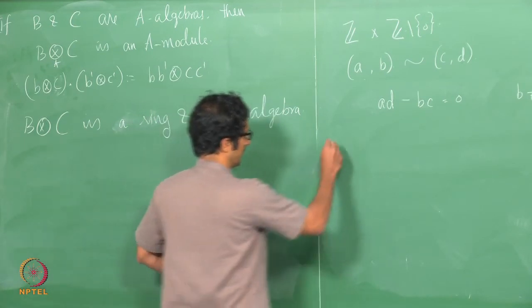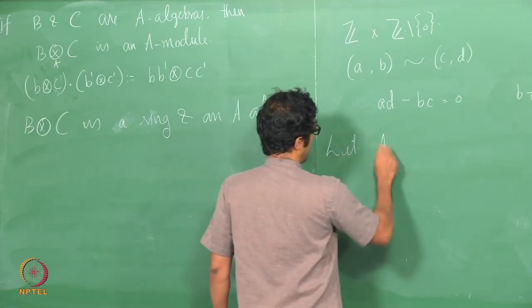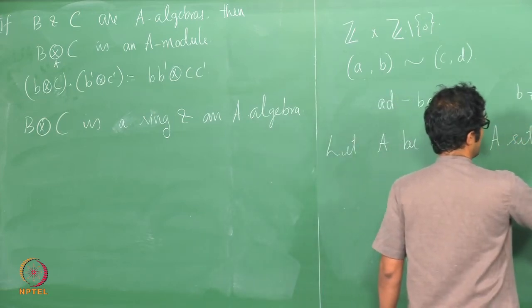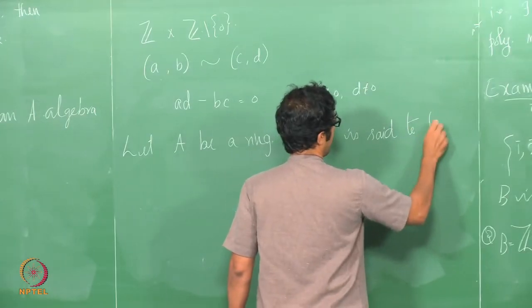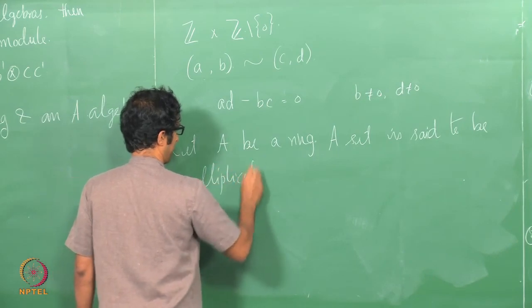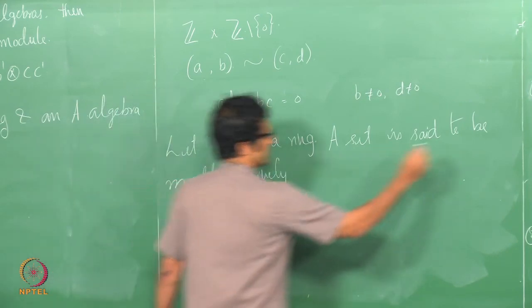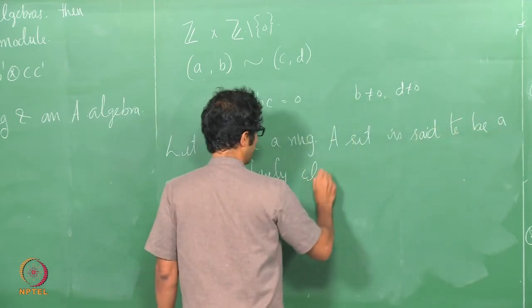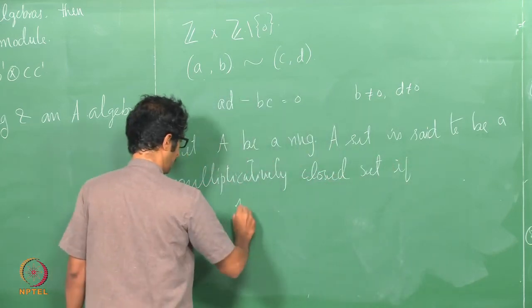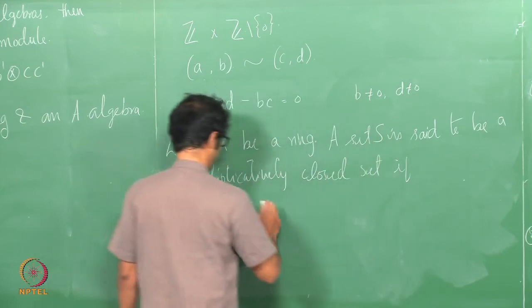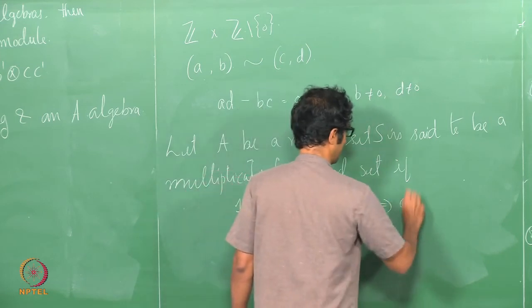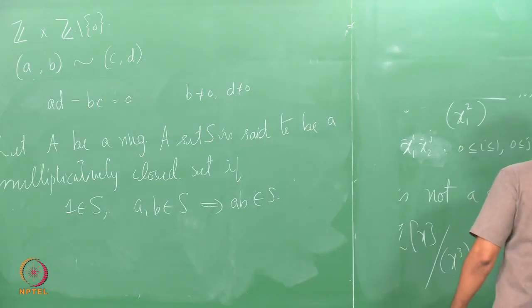So let A be a ring. A set S is said to be multiplicatively closed if one belongs to S and a comma b belongs to S implies the product is in S.